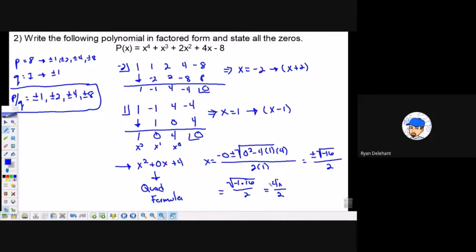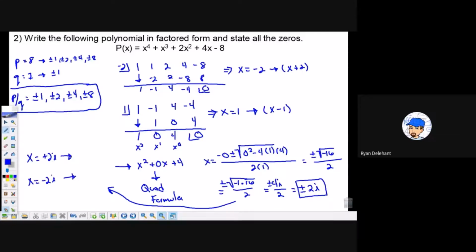You just worry about the coefficients. 4 divided by 2 tells you, I lost my plus or minus, I apologize. But these 2 roots are plus or minus 2i. Now what that means, and I'm going to write it over here because I'm out of room. That means our x is positive 2i and our x is negative 2i.